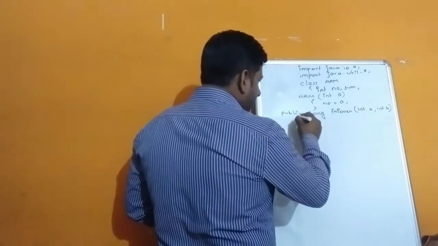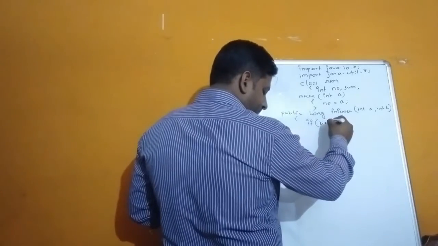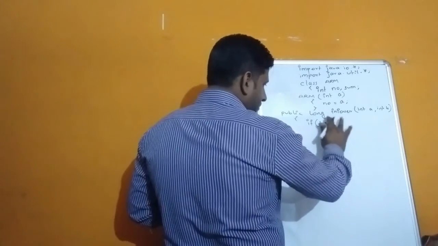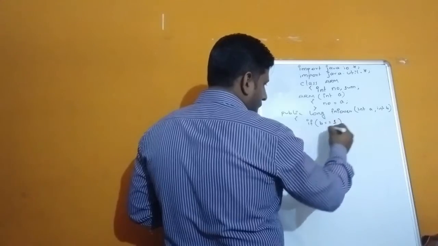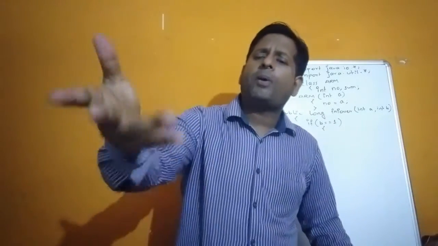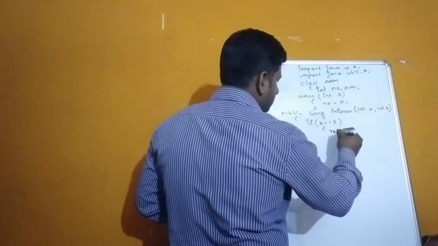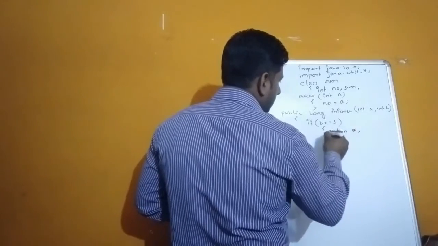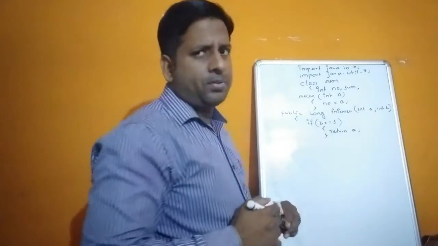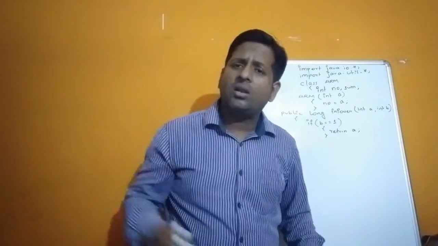So the condition we can give is if b is equal to 1. Okay, if any number like suppose 2 to the power 1, what is the answer? 2 only, the number itself. So return a. Okay, this is to stop the recursion, because we need to stop, otherwise it will keep on continuing till infinity.